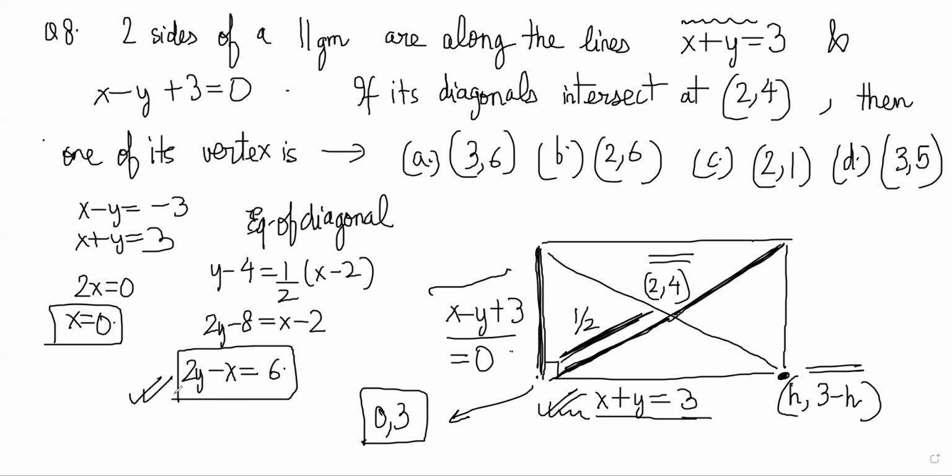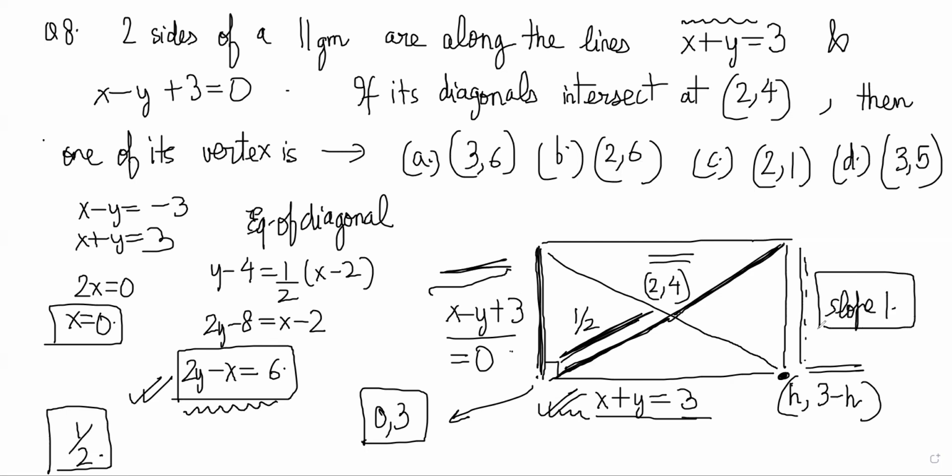This is the equation of my diagonal, and obviously the slope of this diagonal is half, right? Okay. And I know the slope of this line. The slope of this line will be parallel to this line. So slope here is 1, right?